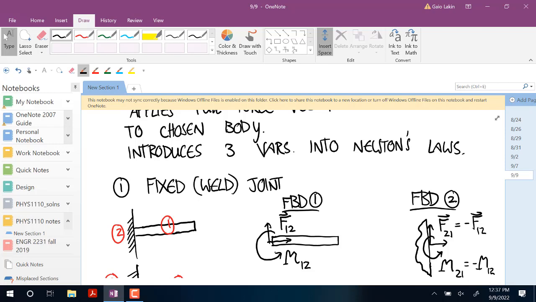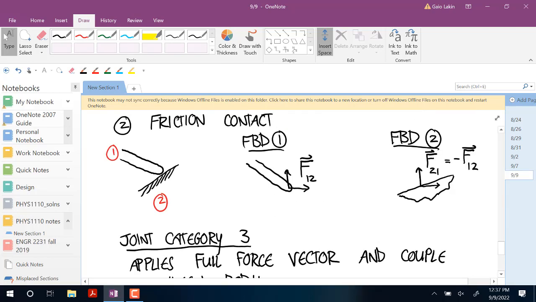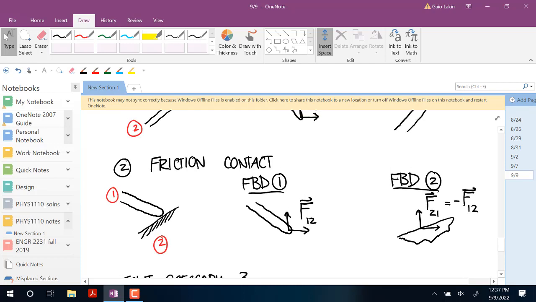So since there's only 3 Newton's law equations for a rigid body, in order to be able to calculate the loads in a joint using a rigid body, how many total variables can you have? You have 3 equations. How many variables can you find? 3. Yep. And if you have 4, it doesn't matter if you're great at statics or terrible at statics. There's nothing you can do.